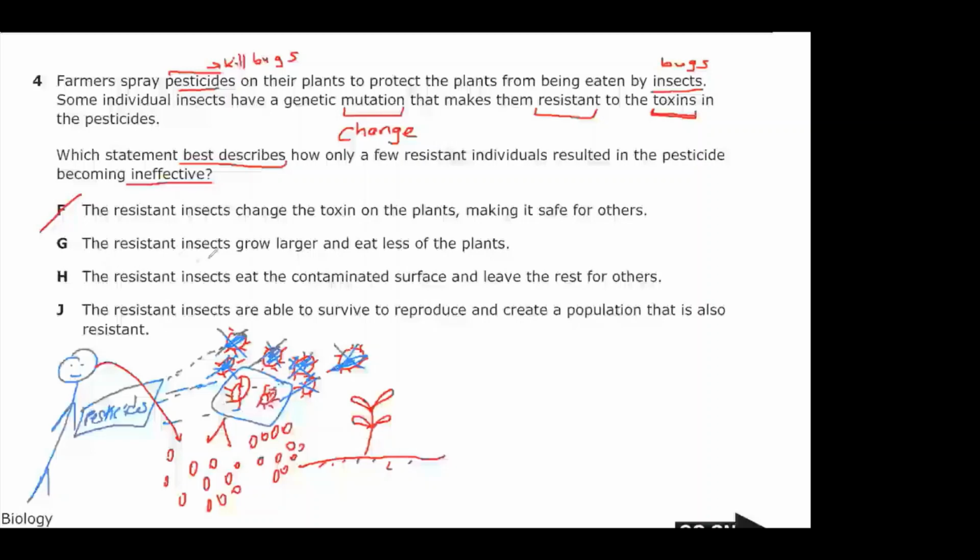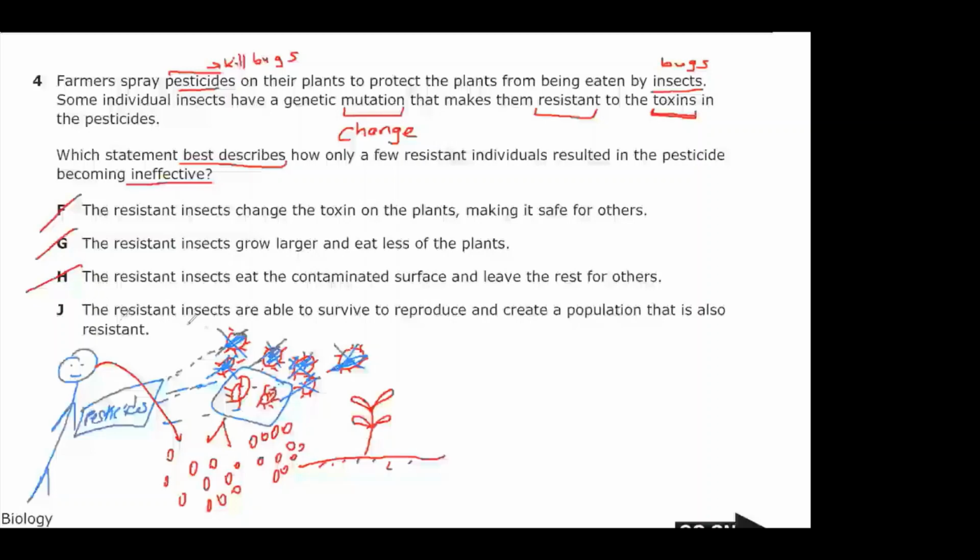The resistant insects grow larger and eat less of the plants. Again, it's not about the pesticide becoming ineffective. The resistant insects eat the contaminated surface and they leave the rest for the others. Again, it's not about the pesticide becoming ineffective.